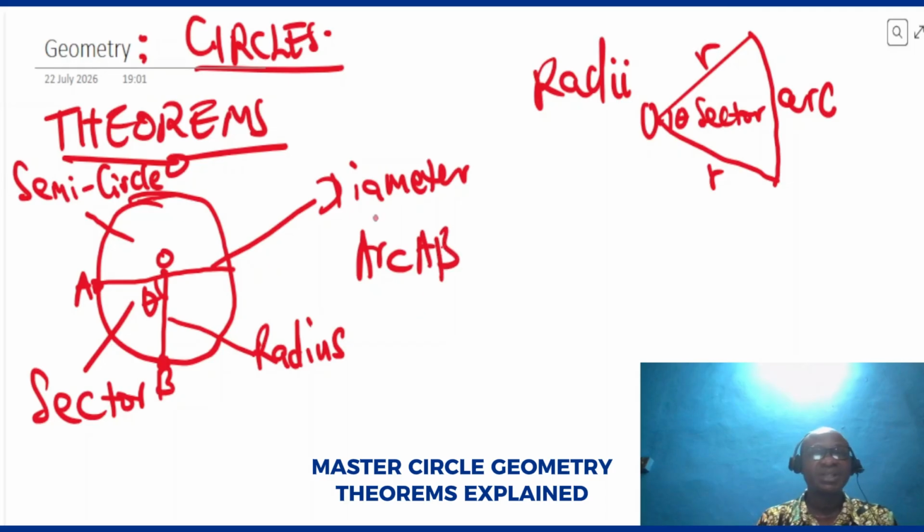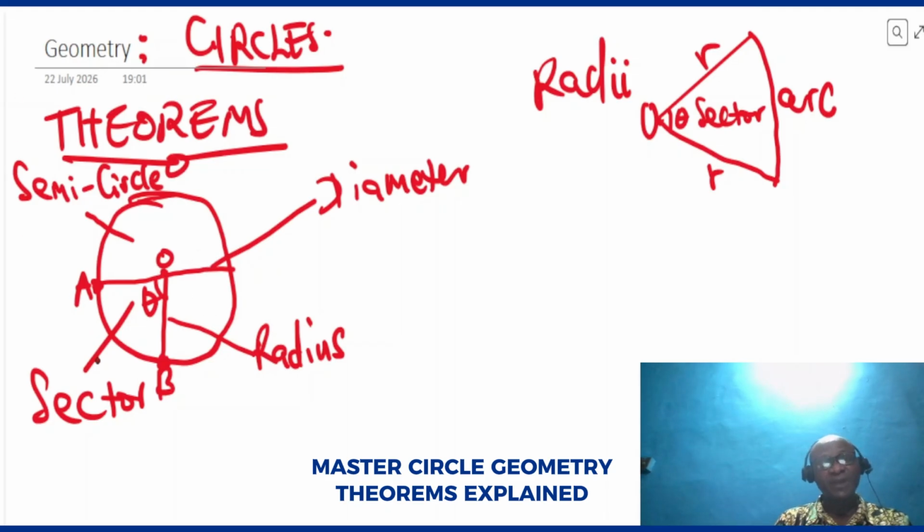Let me write it the way it can make more sense. From A to B is an arc. I wish to use a different color and put it here. So here is an arc. You can see I have used a different color to identify the arc.